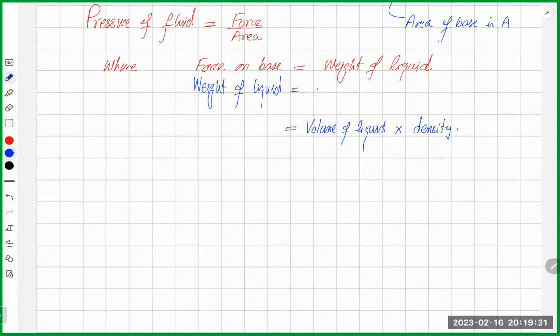Weight of liquid is mass of liquid multiplied by gravitational field strength.